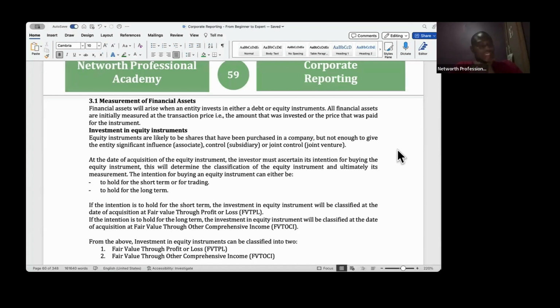Now, at the date of acquisition of those equity instruments, we need to understand why you have bought it. You need to understand your intention. Because buying shares is different from buying an item of PPE or other assets like intangible assets.